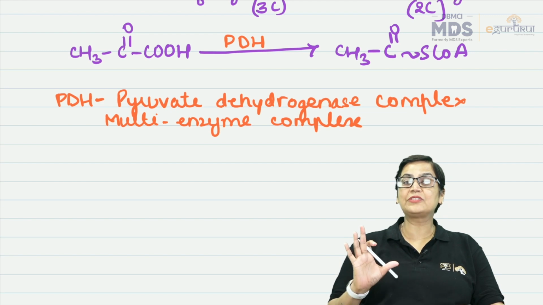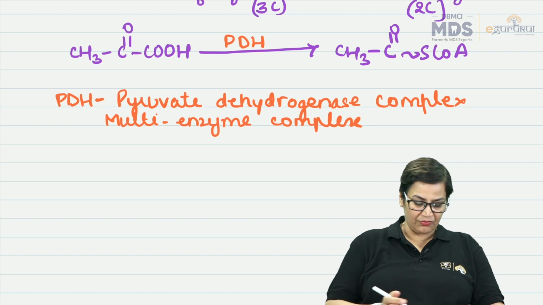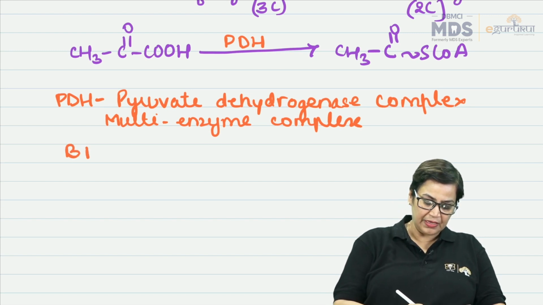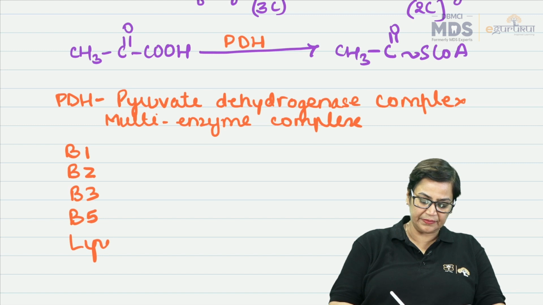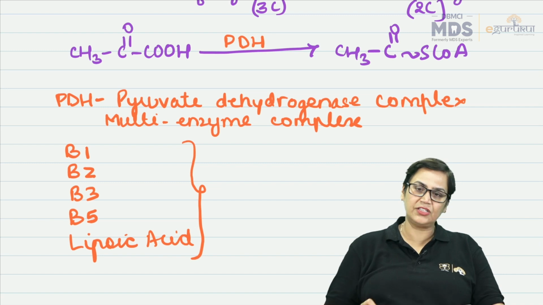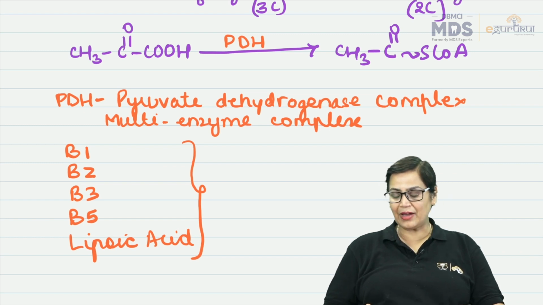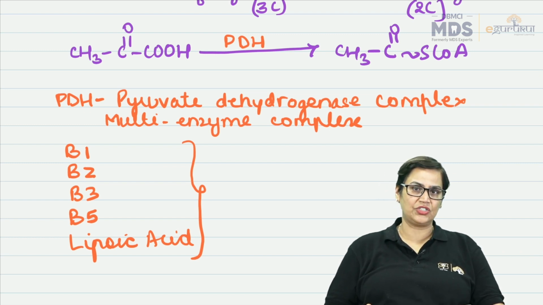It is because it requires 5 major vitamin B's, which are B1, B2, B3, B5 and lipoic acid. These 5 are the major components of PDH, and that is why we also refer to them as multivitamins. So whenever we talk about multivitamins, we are talking about this reaction.